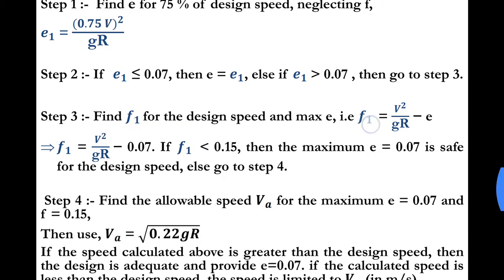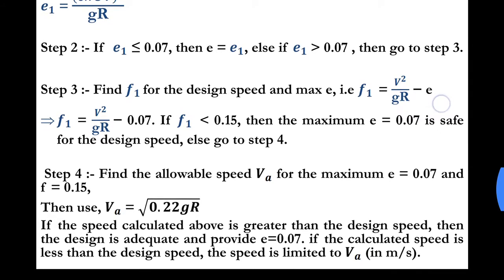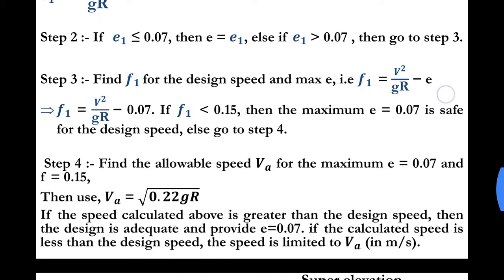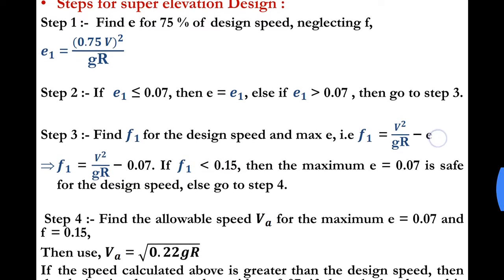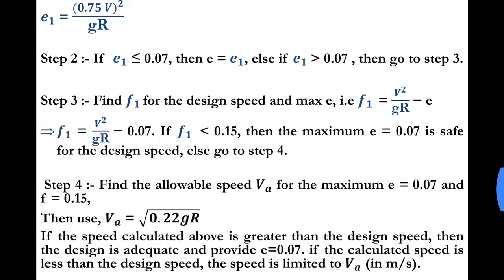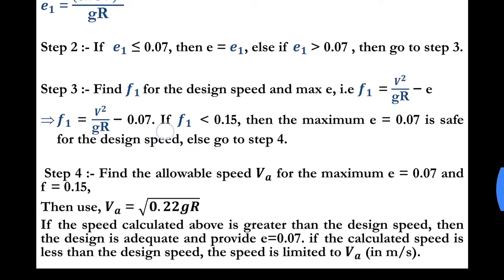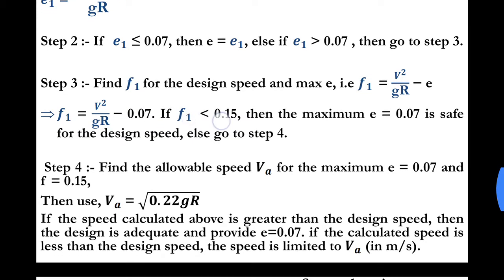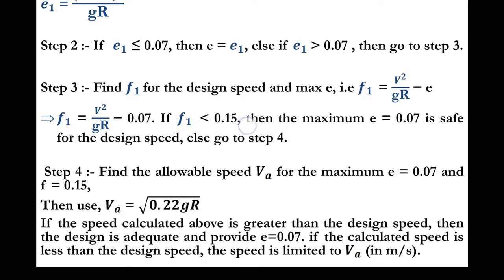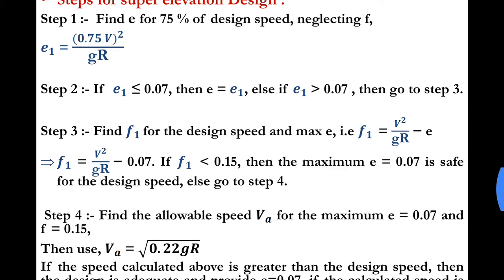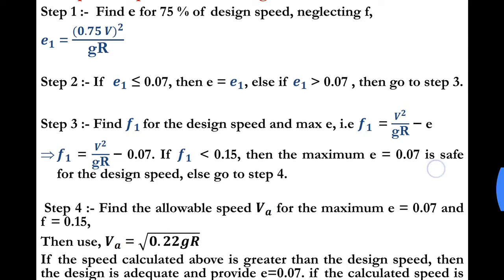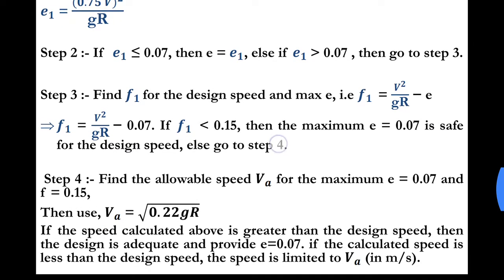Then F would be equal to V square by GR minus E. Now we use E value as 0.07 and find out the value of F1. If this value of F1 is less than 0.15, then we adopt this value along with maximum super elevation 0.07 and close the design here.